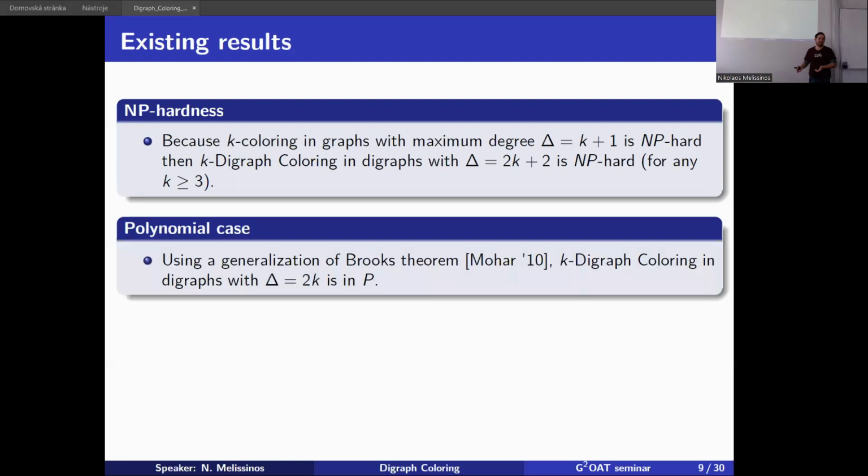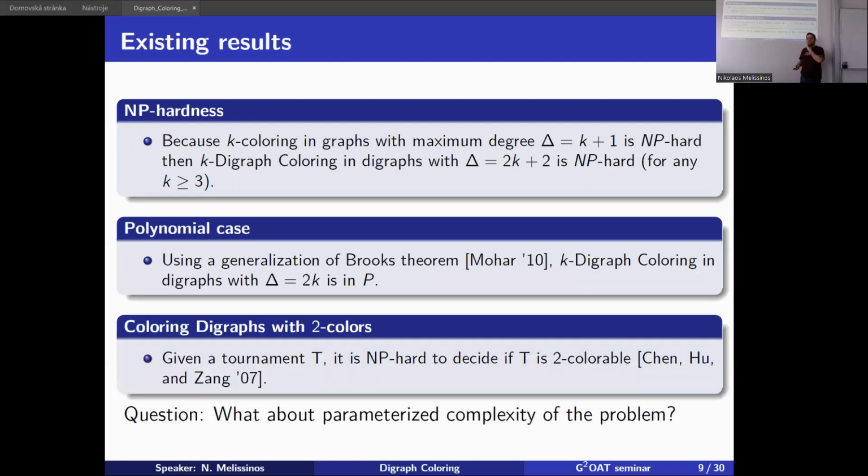And we have a generalization of Brooks' theorem due to Mohar, 2010, which says that the problem is in P when the maximum degree is 2k. And finally, it's already known that in tournaments, the problem is NP-hard, even if we want to decide if there is a 2-coloring.